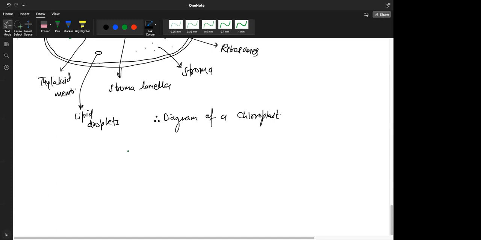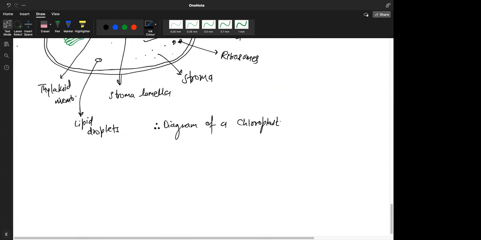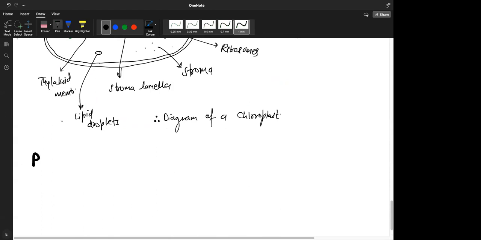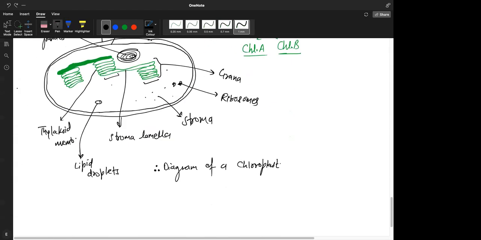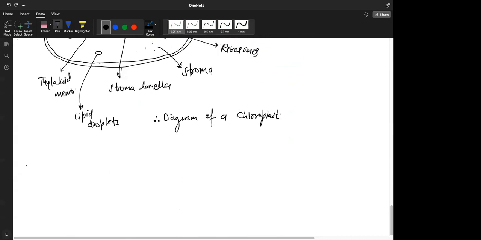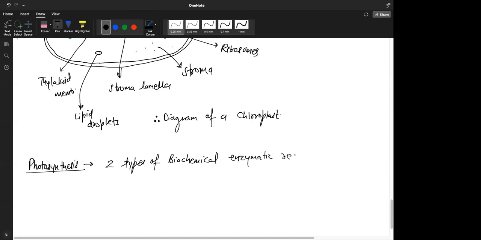So write down: photosynthesis consists of two types of enzymatic reactions.